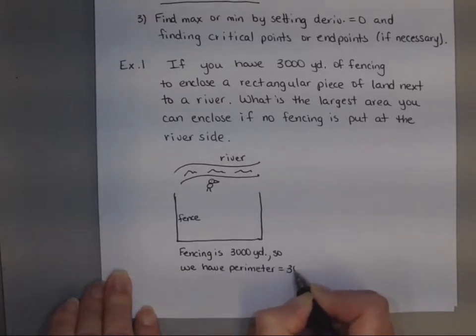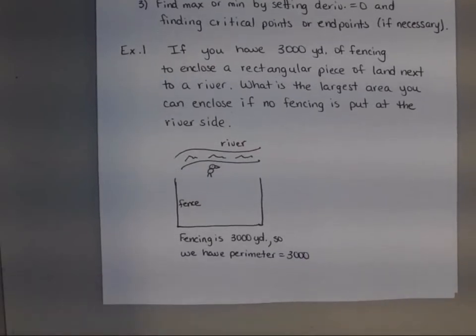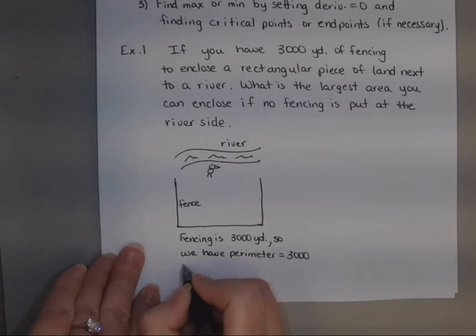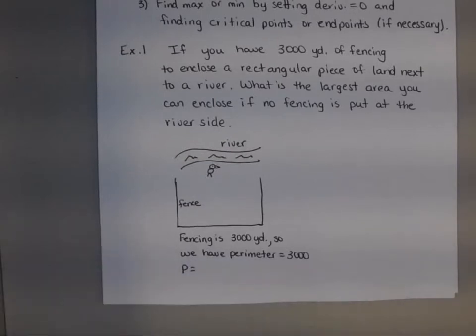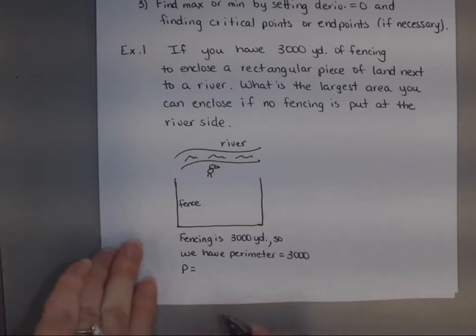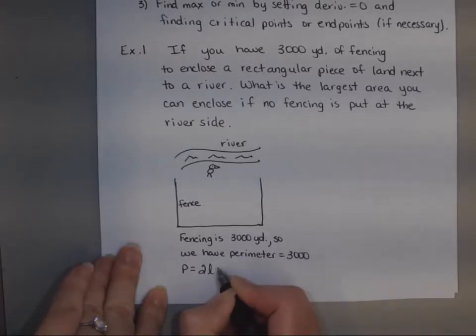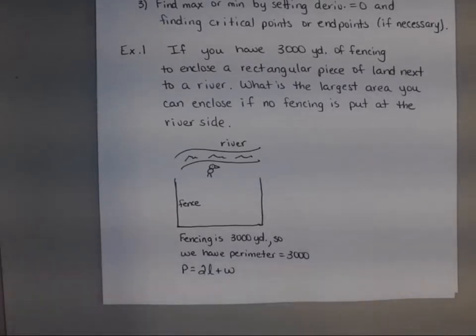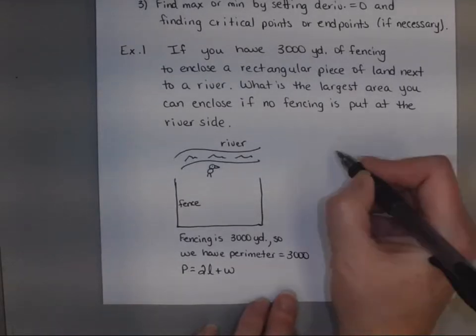But it's not standard perimeter. How come? Because we're not adding one of those sides, right? So what is normally the perimeter of a rectangle? It's normally like 2 length plus 2 width, right? So one of those sides is going to be missing, so we're just going to say 2L plus W. Okay, so we're going to come back to that.